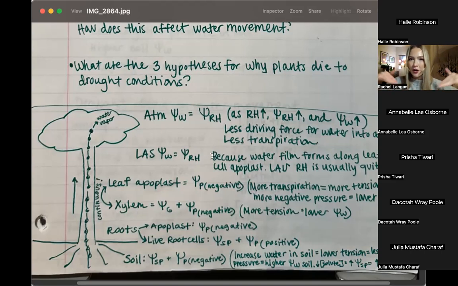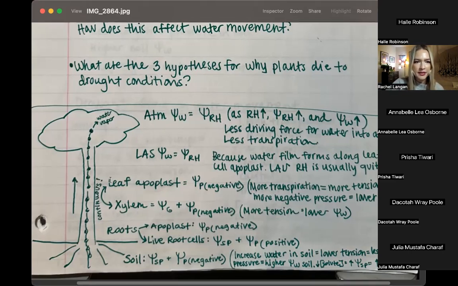And because there's always that water film there, the relative humidity in the leaf airspace is pretty high, which is good because if we want it to move from the leaf airspace to the air, it needs to be high in the leaf airspace, lower in the air, and we will get that movement. And that evaporation from the leaf airspace is going to be the pull that pulls all of the water molecules in that line upward.